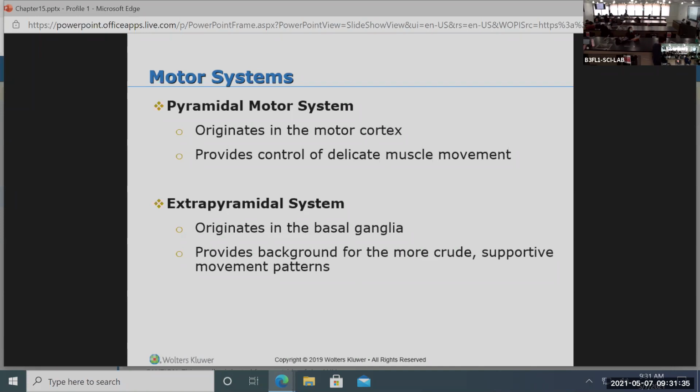It originates mainly from the basal ganglia. These are the gray matter located within the white matter of the cerebrum. What it does, it provides a background for more crude supportive movement patterns. It helps to control my body posture, my body balance. If something happens, it helps me to control the balance.